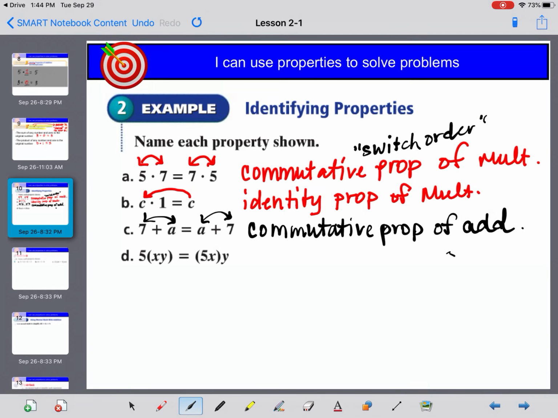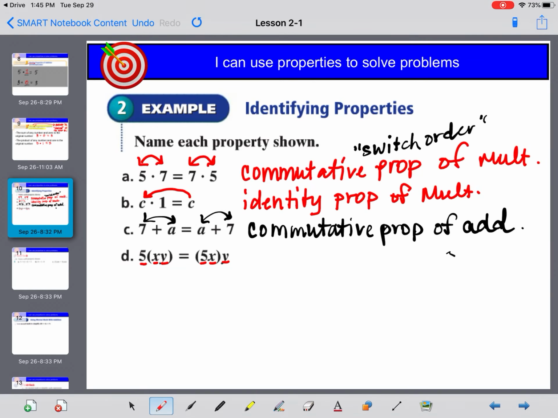The next one, letter D, 5 times x times y equals 5 times x times y. Notice I did not switch the order, 5xy, 5xy. So I know it's not the commutative property. Those three numbers are being multiplied together, but I'm changing what numbers are in the parentheses.